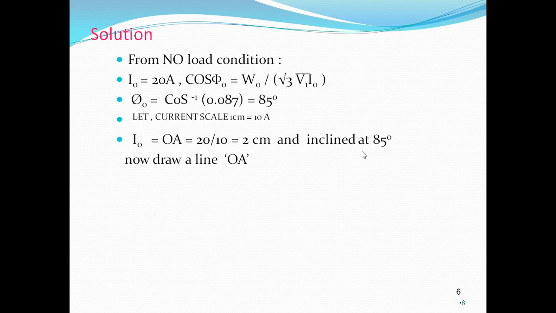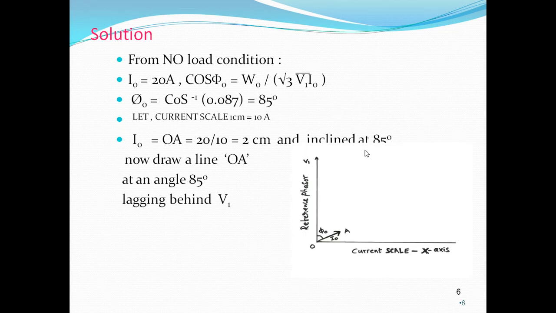Now draw a line OA at an angle of 85, lagging behind voltage V1. It looks like this. You can see here OA lagging by phi naught, which is 85 degrees. And what is the length of OA? That is 2 centimeters.